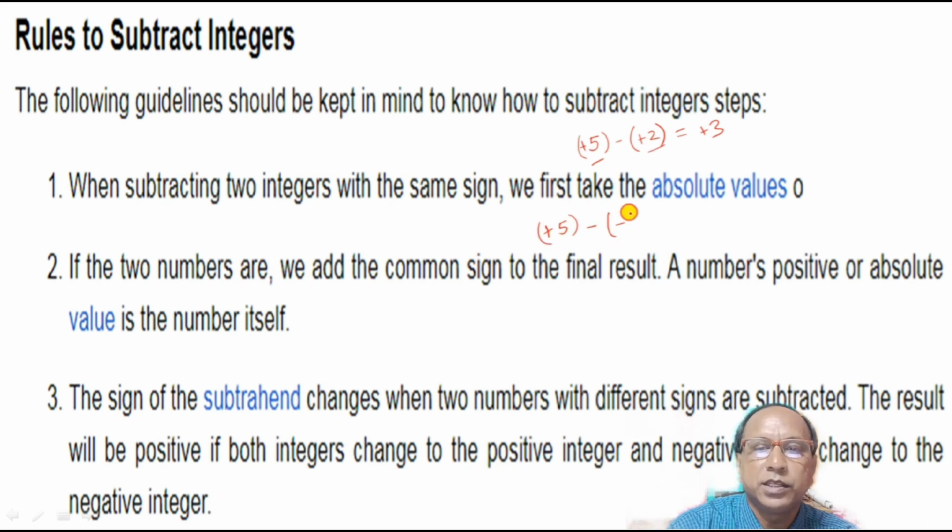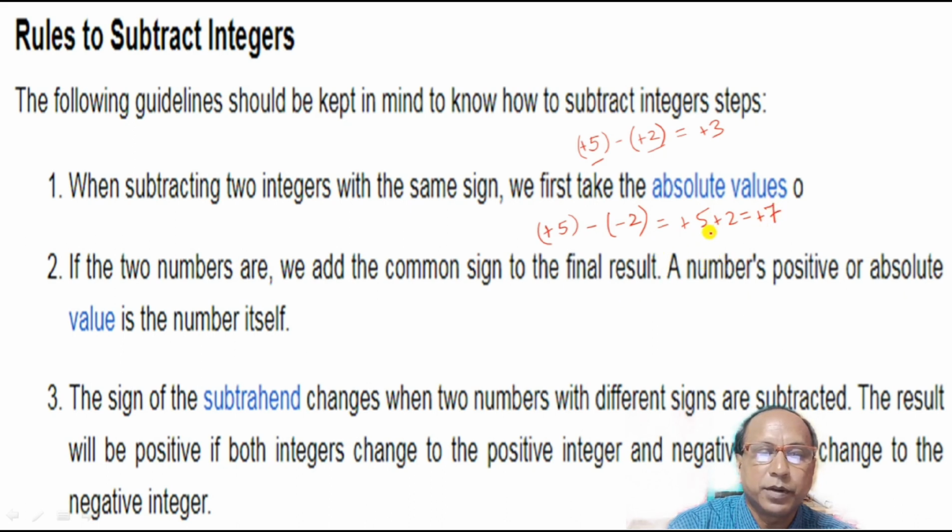That means we are subtracting this one. That means plus 5 and minus into minus is plus 2. It gives plus 7. Right? In this way, we can subtract other numbers also.